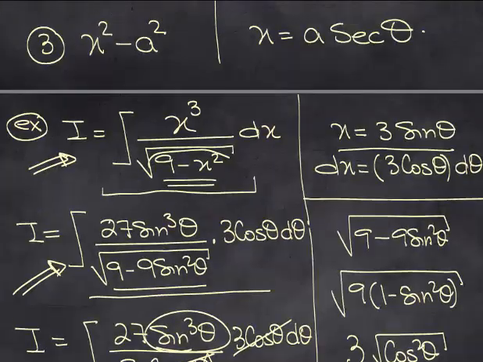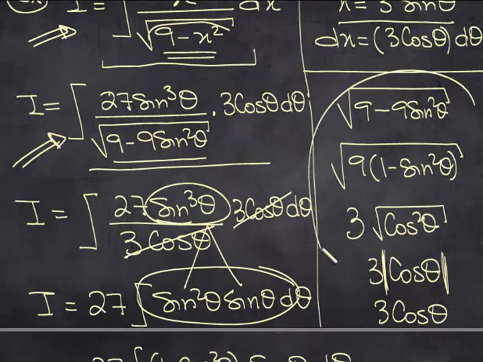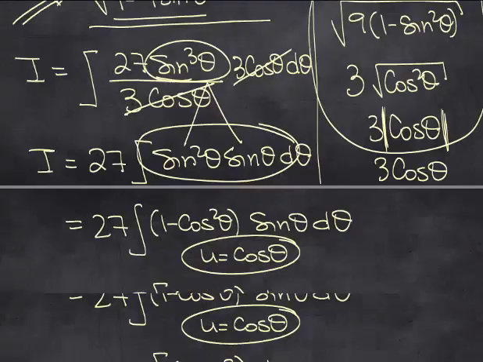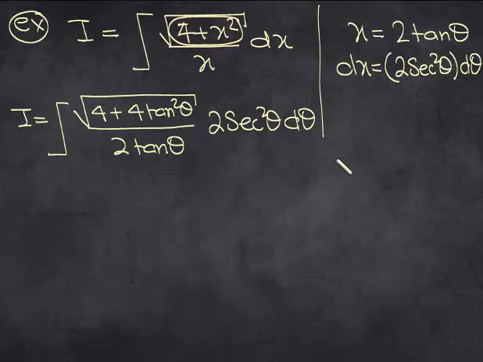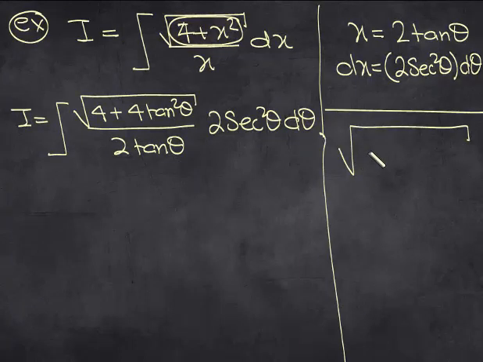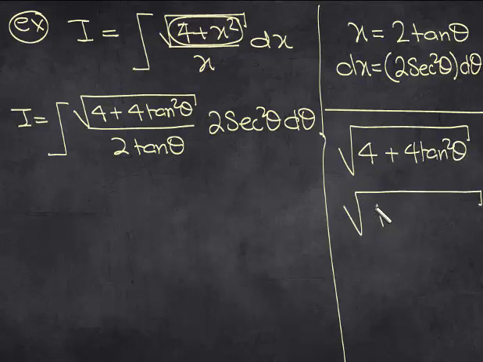I have square root of 4 plus 4. I'm only going to do these for the first 3 problems. The rest you can do in your head. But we get what? 1 plus tangent squared. That's why we made that substitution. What is 1 plus tangent squared? So we get secant squared theta. So we get 2 secant theta. We'll get absolute value, but again, we're in the first quadrant. Do you guys understand that? Because we're going to use a right triangle, so eventually we want the angle to be between 0 and 90.